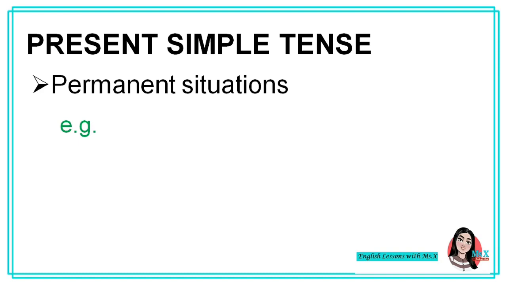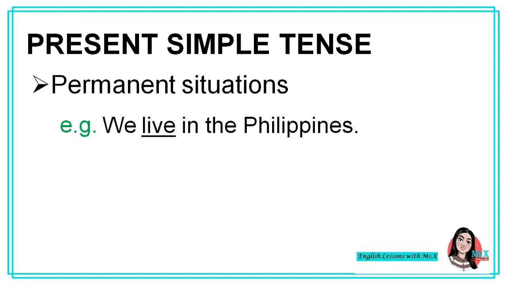For example, we live in the Philippines. The underlined verb is in the present simple tense, and this tells that we live here not just for a short time, but most of the time, this is where we live, and it is more or less permanent.